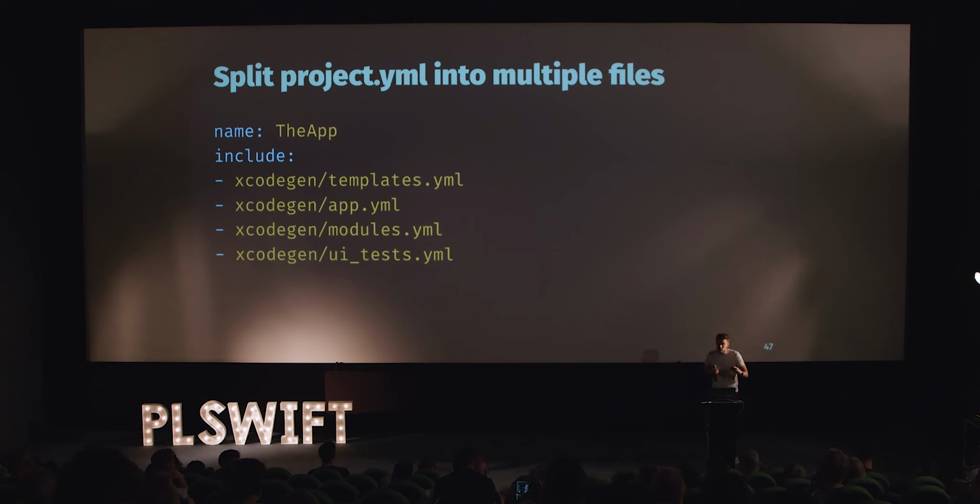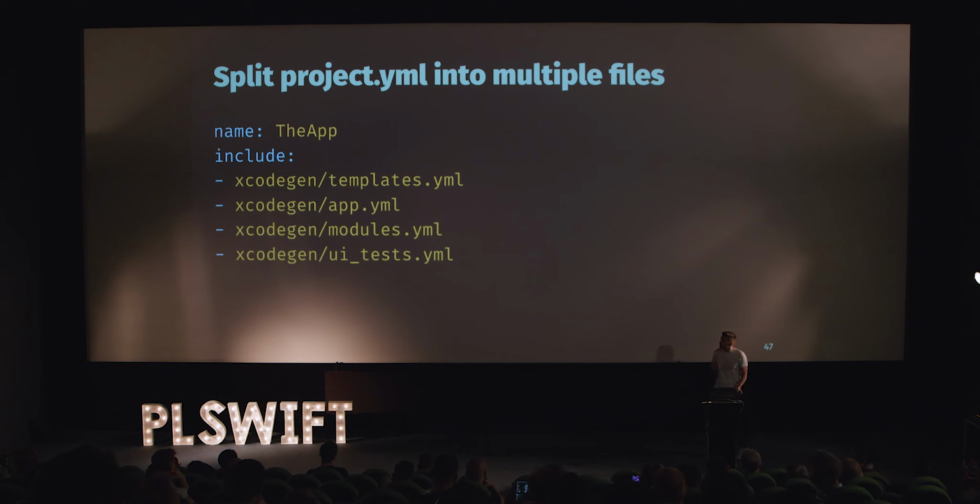But the meat itself is in those separate files. So first we have our templates, where all our templates are defined. Then we have our app, a file with our app target and its tests. Then we have a file with modules, so our modules like presentation, domain, networking, and so on, plus their tests.